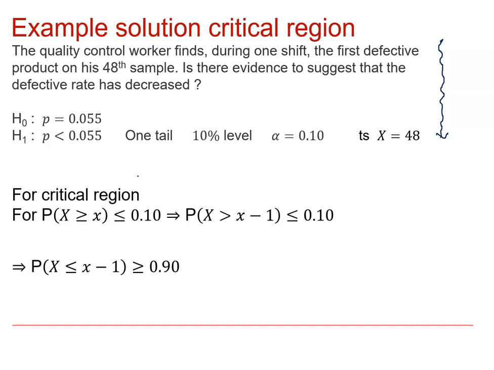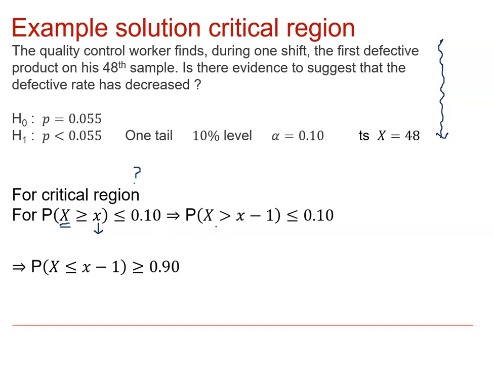Now the question is how to find the critical region. For capital X, which follows the geometric distribution where p equals 0.055, we wish to find an outcome little x so that our random variable equals or exceeds little x. So we find our first effective sample on the x-th or beyond the x-th sample. That probability has to be less than or equal to our significance level of 10%.